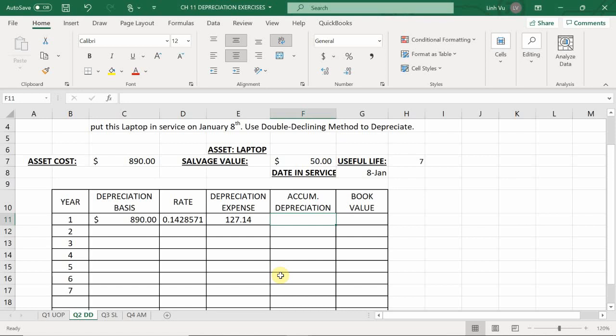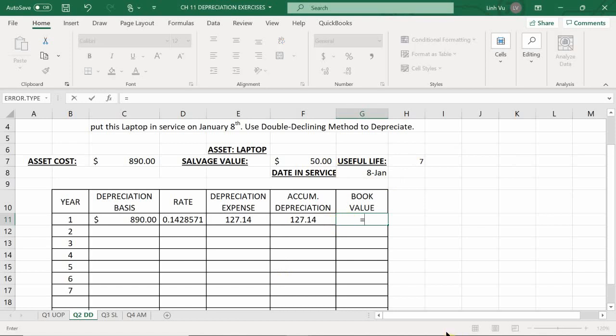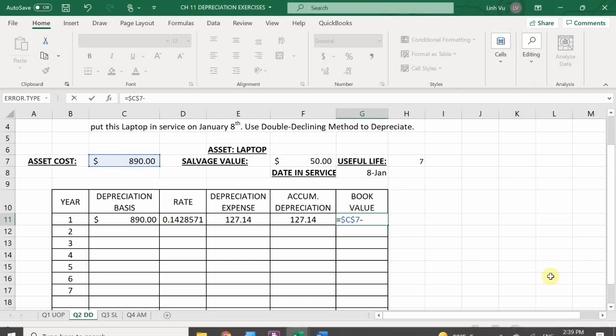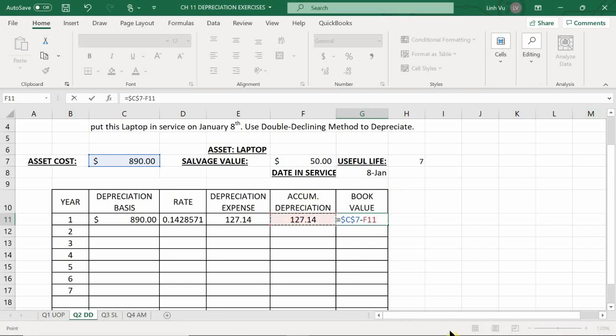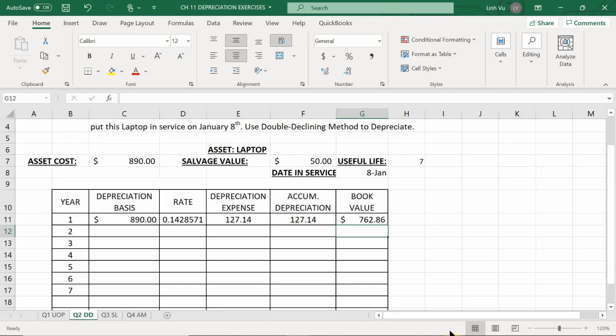Okay. So again, the assumption here is the first year, so the accumulated depreciation is going to be $127.14. So therefore, my book value is going to be the asset cost of $890 minus the accumulated depreciation of $127.14 to get you a total of $762.86.